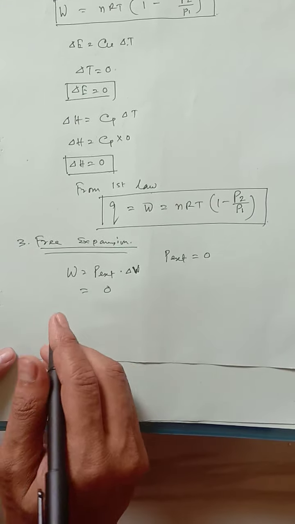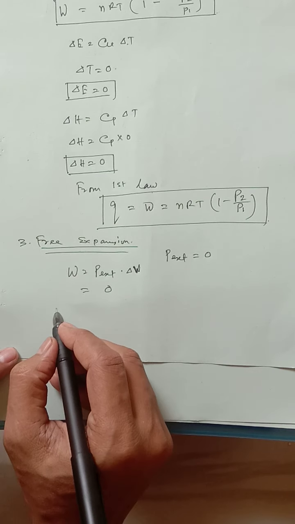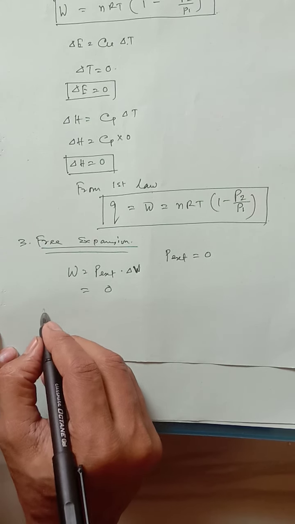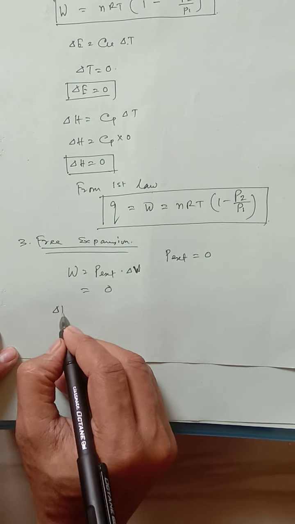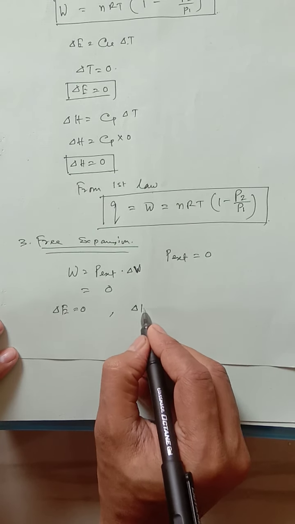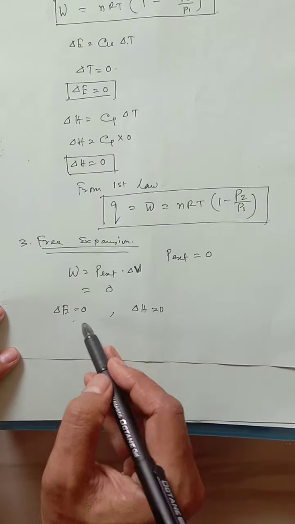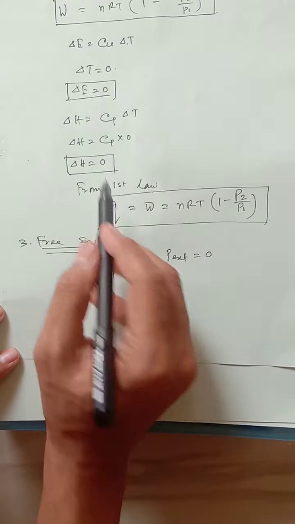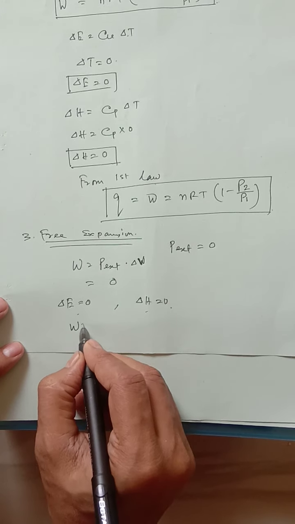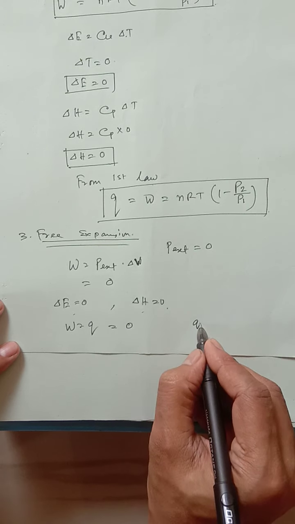And it is isothermal also because the temperature remains the same. So if W equals 0 and it is isothermal also, delta E equals 0, as well as delta H also is 0, because from this equation we can write delta T equals 0, so it is 0. Delta T equals 0 means delta H is also 0, and from W equals Q, that is also equal to 0. So all terms become 0.